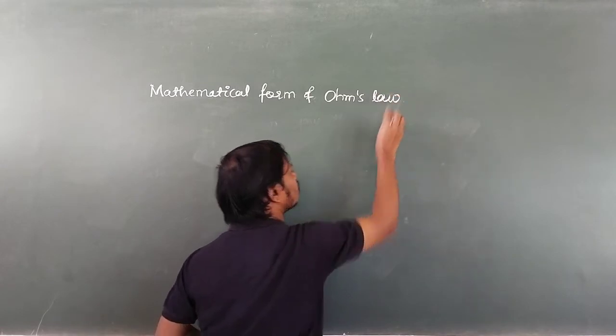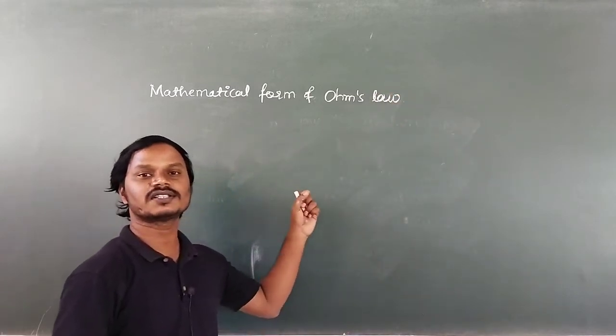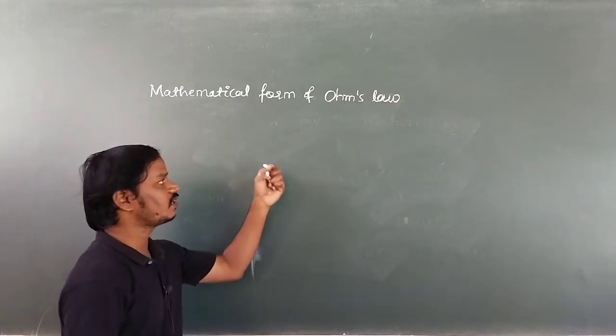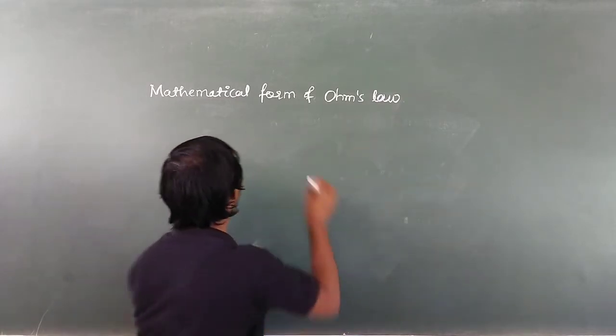So who gave the relation between voltage and current? George Simon Ohm. That is why this law is named Ohm's law.